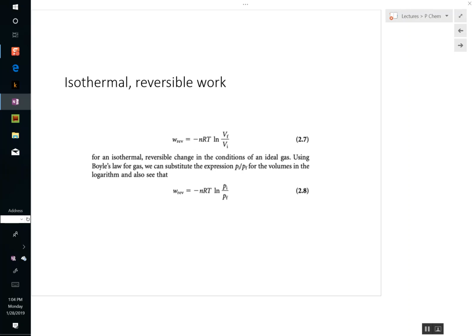This is for an isothermal reversible change for an ideal gas. And you can also use Boyle's law to figure out what the initial and final pressure are of the gas undergoing that.